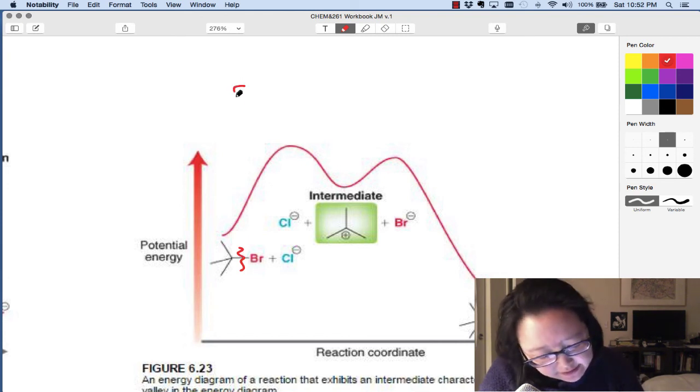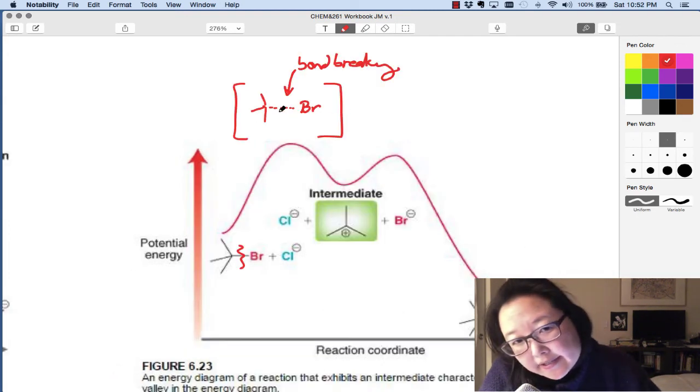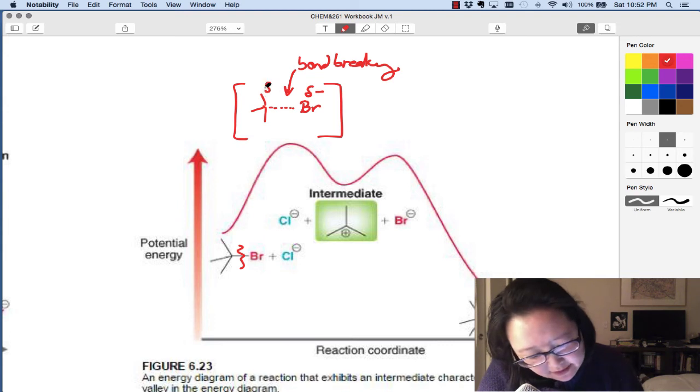So to draw the transition state, I'm going to draw this, and then dot, dot, dot, dot to show the bond breaking. And notice that the electrons are going to go with the bromine to become bromide. So this is going to start developing negative charge. And then this is losing electrons, so it's going to start developing positive charge.